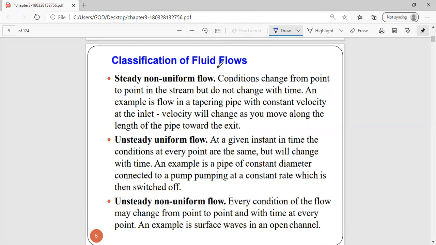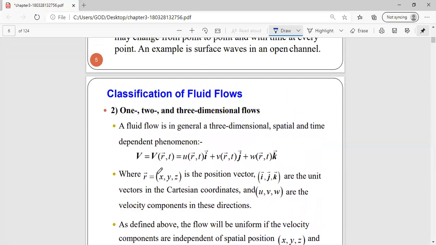Take steady non-uniform flow: with reference to time it is constant, but with reference to space it is changing. Now unsteady uniform: with reference to time it is changing, but with reference to space it is constant. Unsteady non-uniform means it is not constant with reference to time, and with reference to space, at a point, it is also not constant.